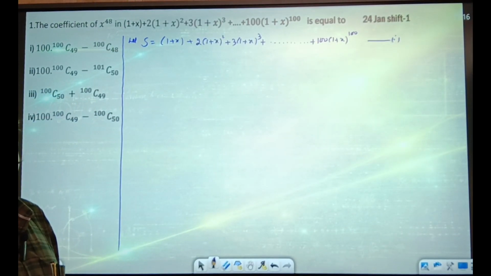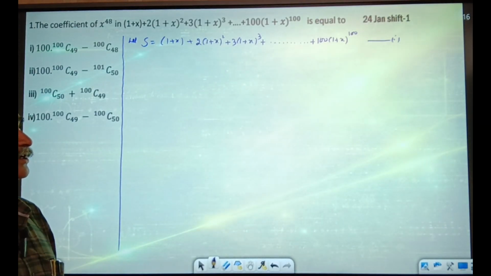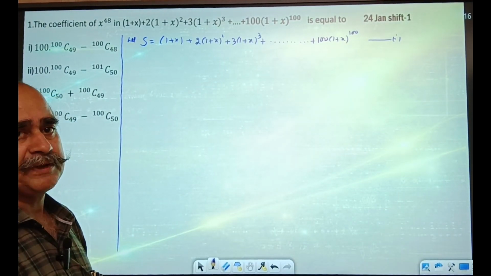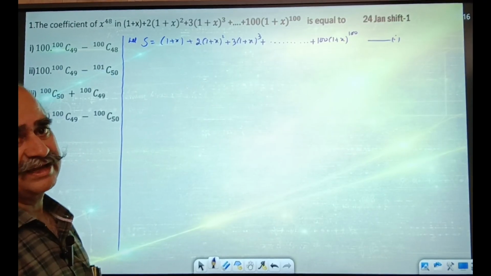This is an arithmetico-geometric progression. So to solve it, we will multiply by the common ratio of the GP, and the common ratio of the GP is 1 plus x.